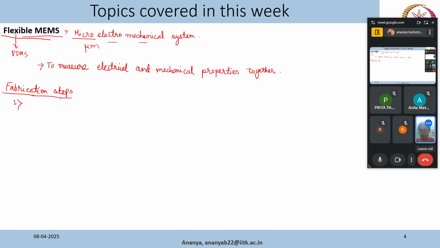Okay, we have to cure it to get the PDMS layer. We have discussed this technique earlier. Okay, so this is the first step, and after that we will make our gold electrodes.